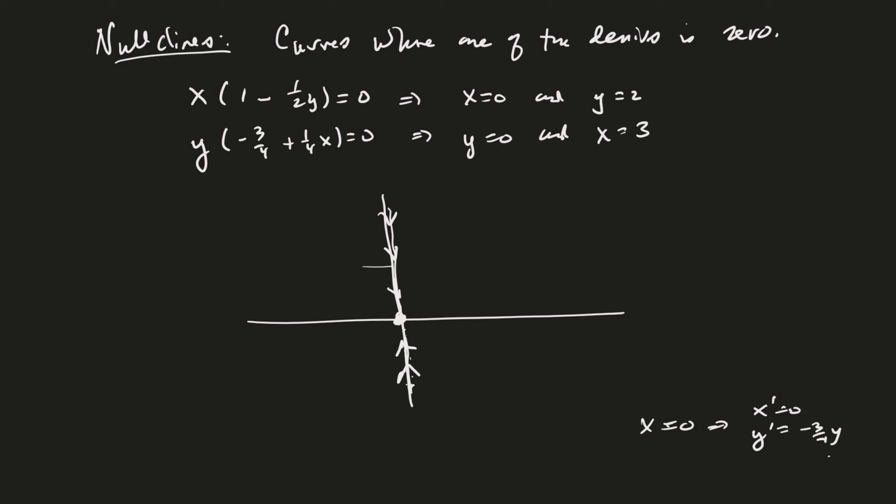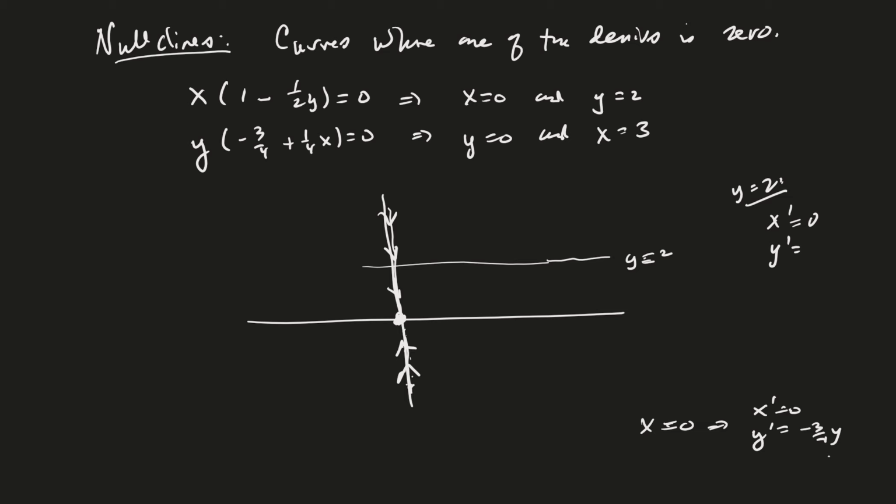Okay, so similarly, we have this line y equals 2. So I'll just draw it in here somewhere. Y equals 2. Now along y equals 2, what's happening? X prime is equal to 0 again, right? And then y prime is equal to what?